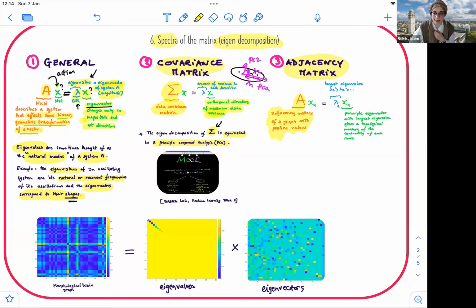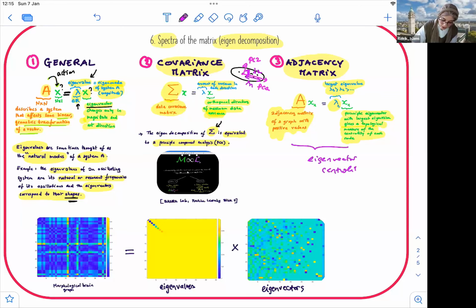We're going to get what we call the principal eigenvector with the largest eigenvalues. They give a topological measure of the centrality of each node. The eigenvalue here tells us something about the centrality of the node, and we do this for each node. This gives us what we call eigenvector centrality.